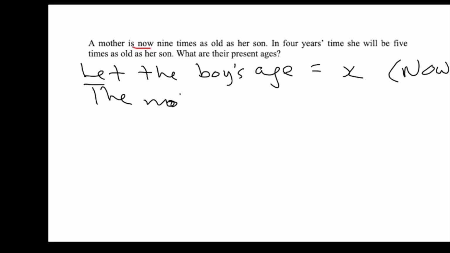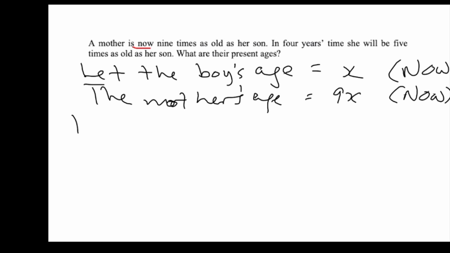Right, so the mother's age now, we are told she is 9 times as old as her son. So the mother should be 9 multiplied by x. Again, this is now. Then in 4 years' time, she will be 5 times as old as her son.